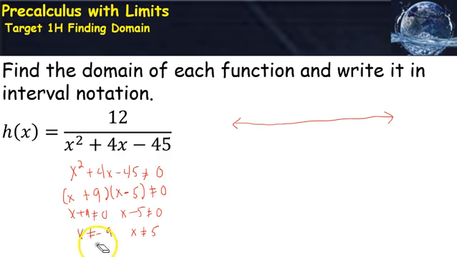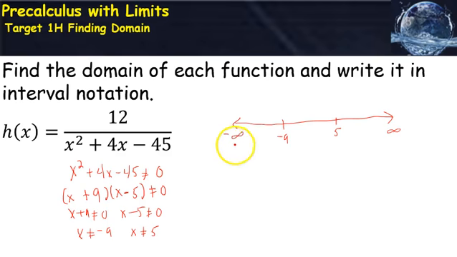It's hard to see this negative, but this is a negative 9. So negative 9 comes before 5. So negative 9 first and then 5. And this side of the number line is negative infinity and this side is positive infinity. So I have to say all the numbers because every number works except these two. Every other real number works except these two.